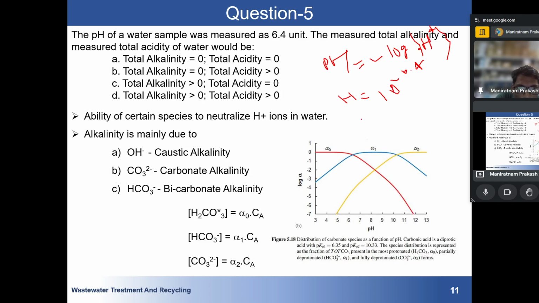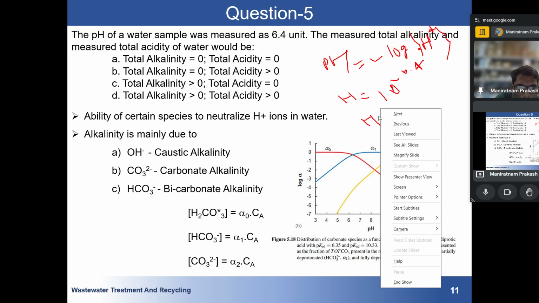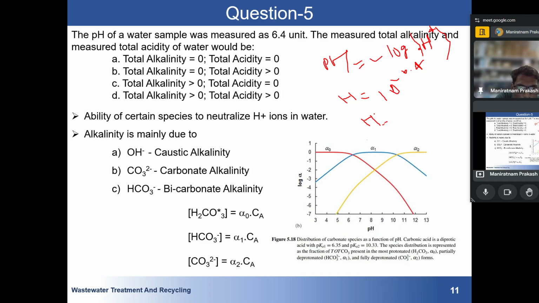We know that H2O dissociates to give H plus and OH minus, and Kw, which is defined as the equilibrium constant for these two, that is H plus times OH minus, is 10 to the power minus 14.